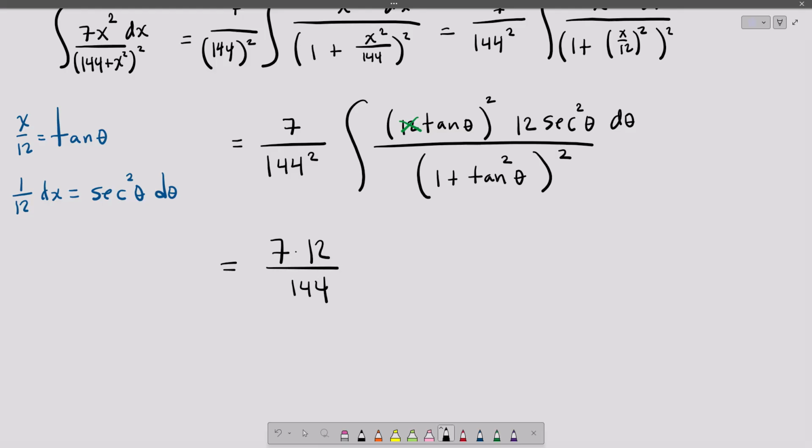I'll factor that 12 out, and we can cancel some more here. Then we have tan squared, secant squared, secant to the fourth.